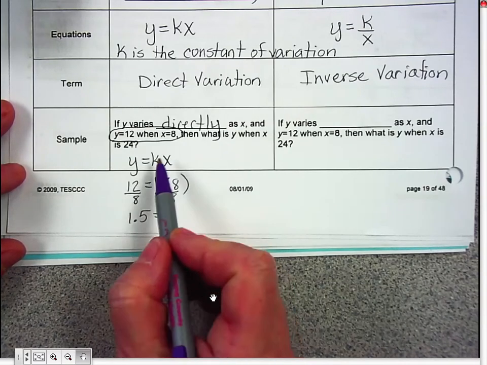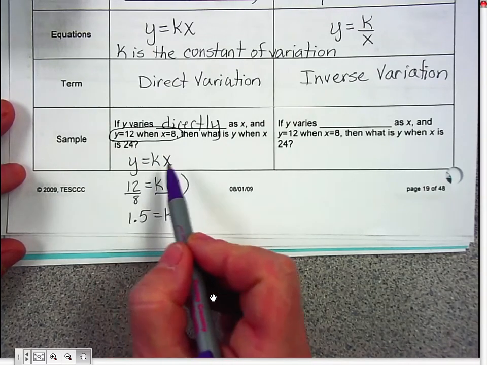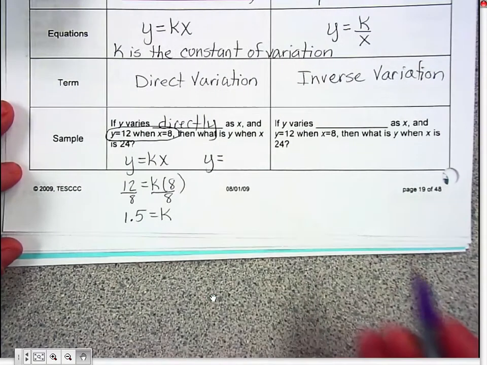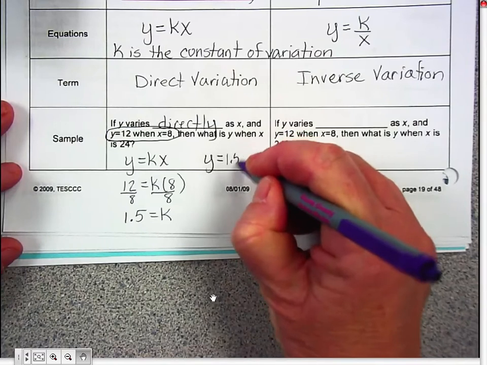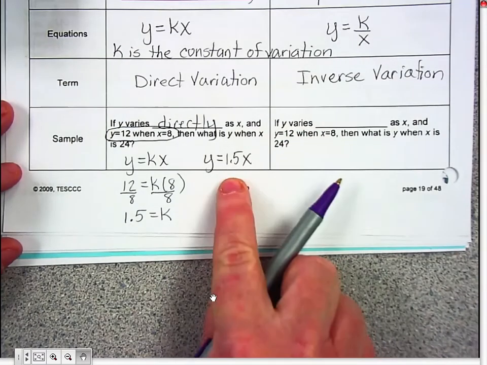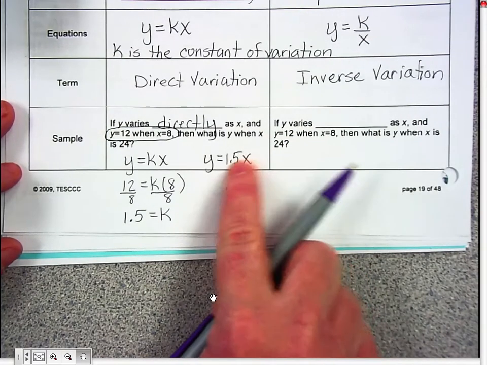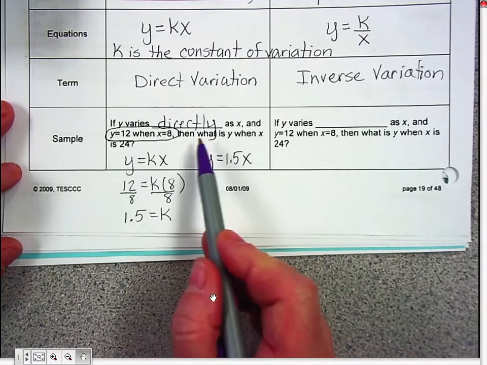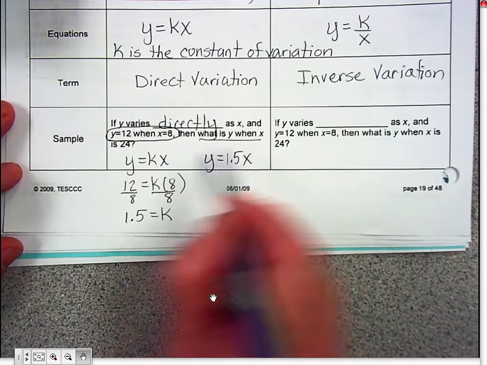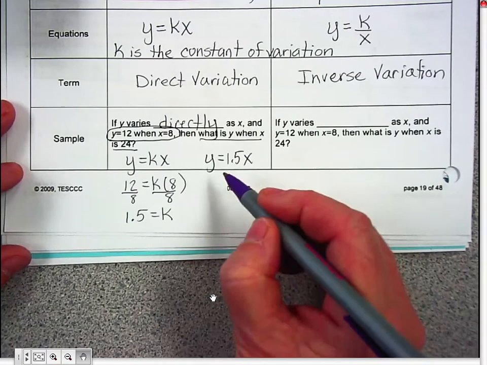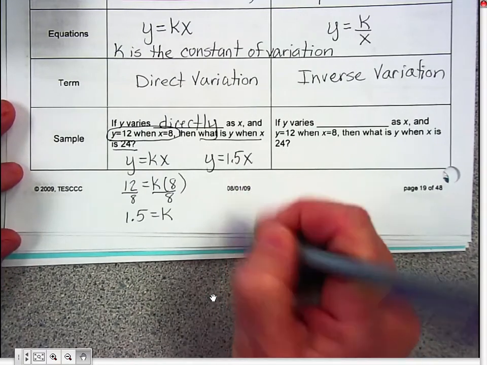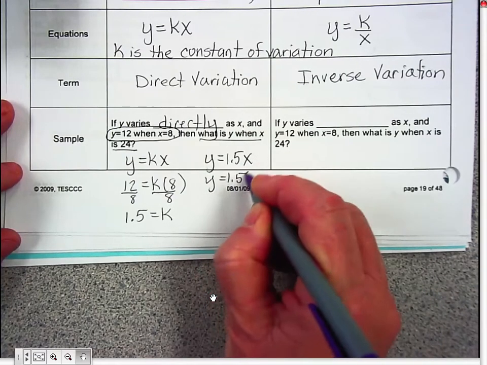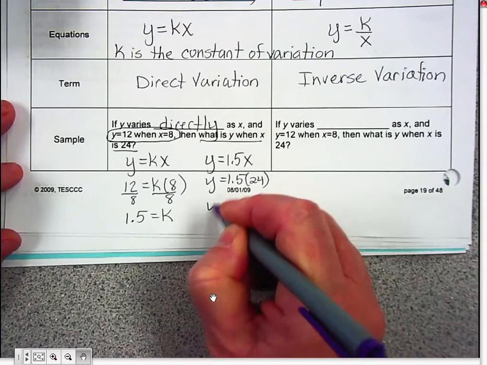Now we can rewrite this equation: Y equals, and in place of the K, we're going to put 1.5 X. Now we have an equation that we can put in any X and find Y. It says, what is Y when X is 24? So we'll plug in 24 where? For X. So Y equals 1.5 times 24? 36. Y equals 36.